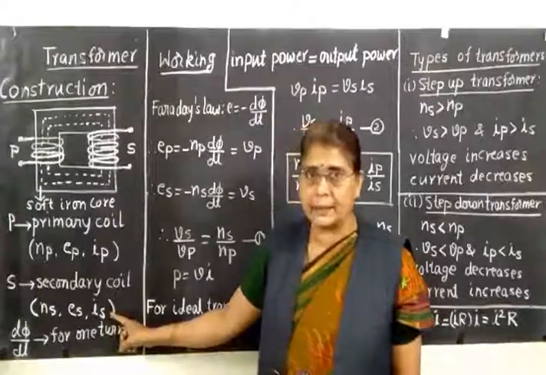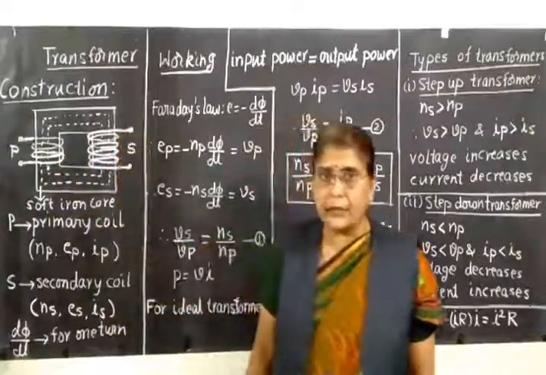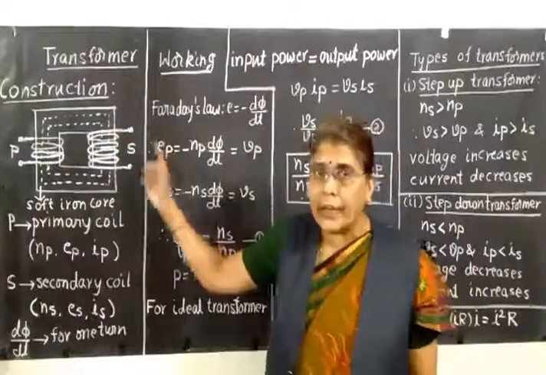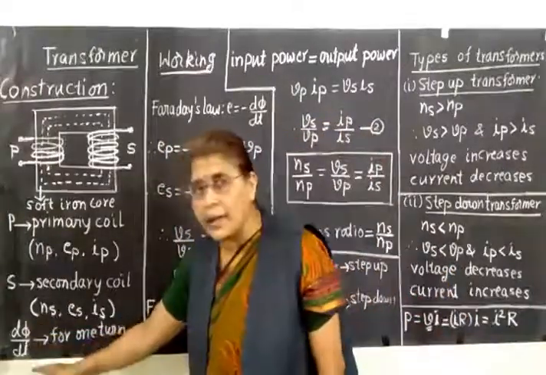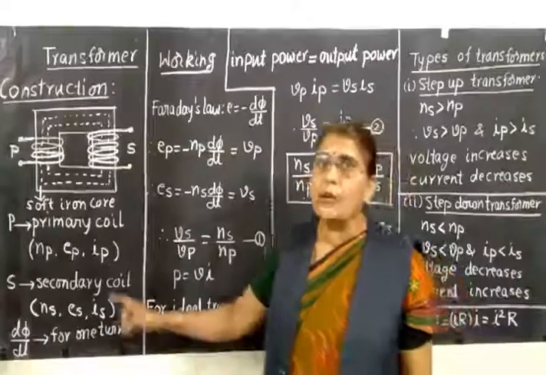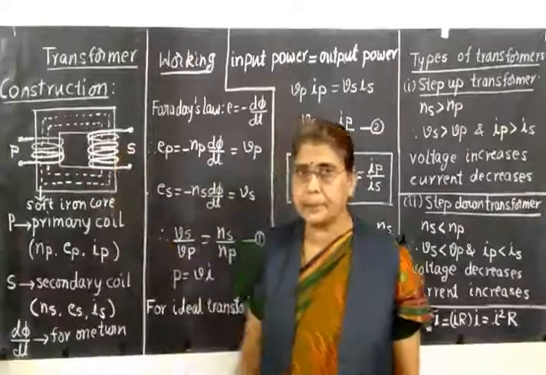Now both the coils have the same area, therefore the rate of change of flux per turn of any coil will be the same. Let us say d phi upon dt is the rate of change of magnetic flux for one turn of the coil, any coil, primary or secondary.